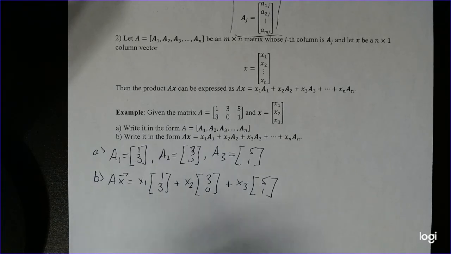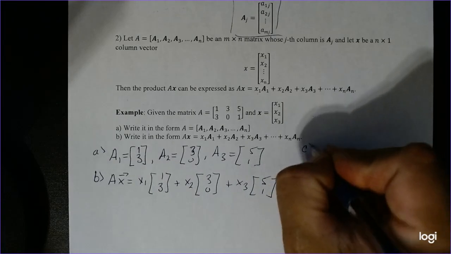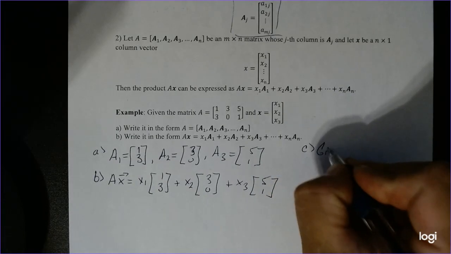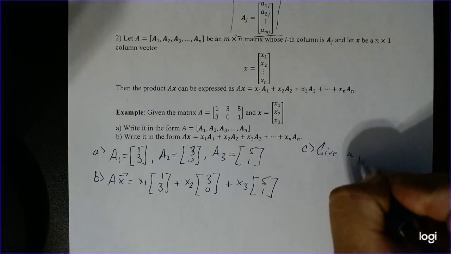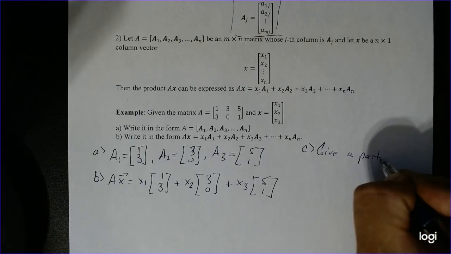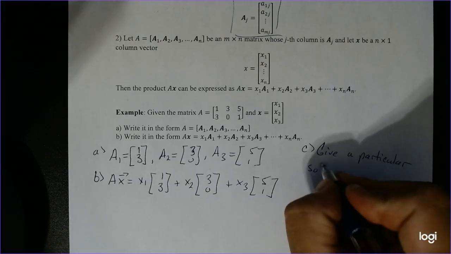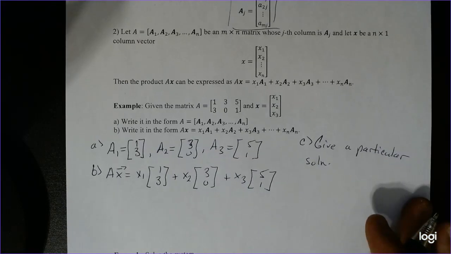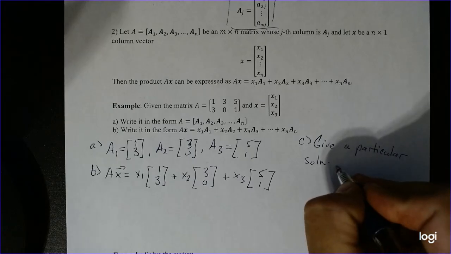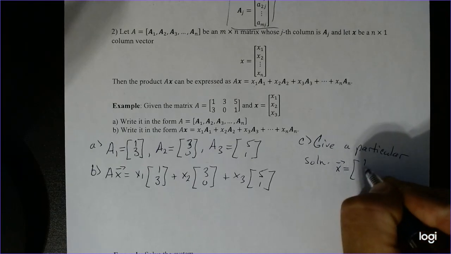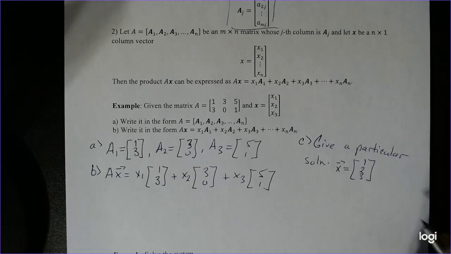This is not one of them, but let's suppose we had a C term and I want to give a particular solution. That means we get to choose. I'll choose 1, 2, 3 to be x1, x2, x3.